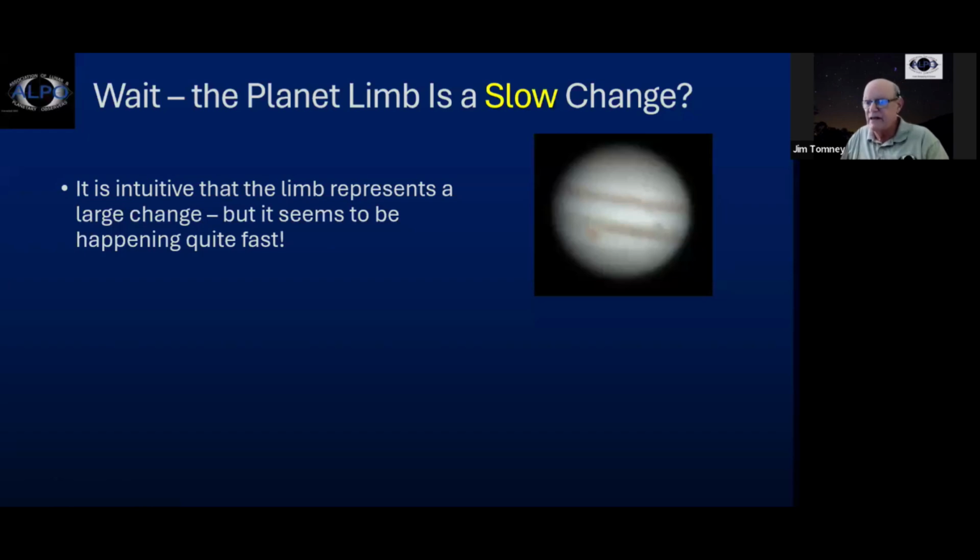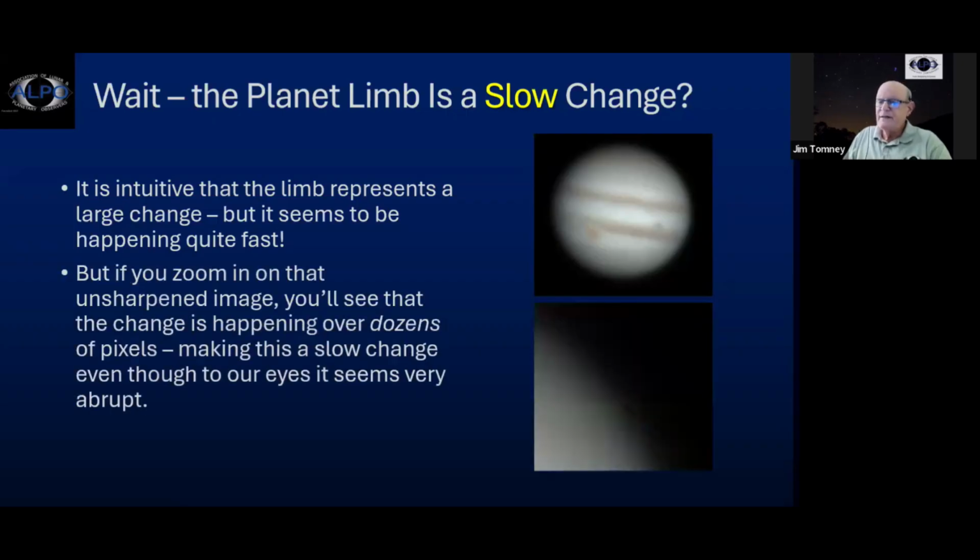So why is that ending up at the level 6 slider? But if you think about it, and if you zoom in on that unsharpened image, you're going to see that the change is indeed happening over dozens of pixels. So this really is a slow change, even though to your eyes initially and your gut, it might seem like it's a very abrupt change.